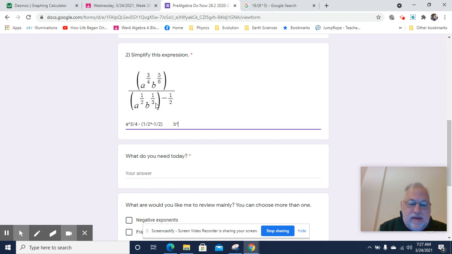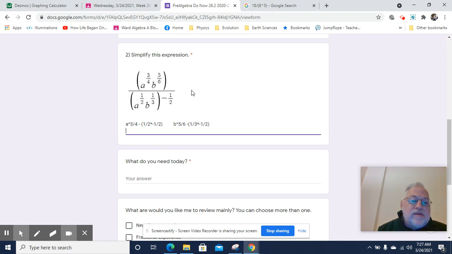I'm going to set up the other one. That's B to the 5/6, and I'm going to be subtracting, because this is division, 1/3 times negative 1/2. Okay, let's start sorting this out. That's A to the 3/4, and 1/2 times negative 1/2 is going to be negative 1/4.